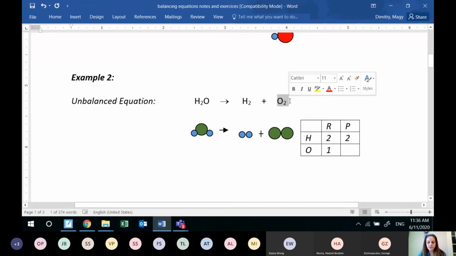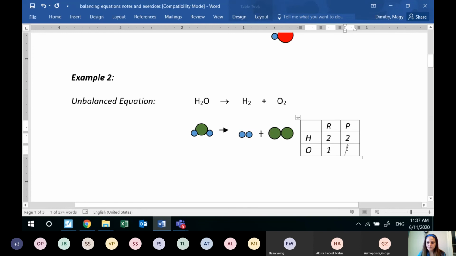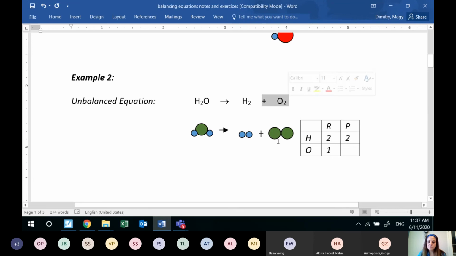Let's see oxygen. How many oxygens? No, where do you see 4? Look, 2 here. 2 oxygens. 2 green circles.